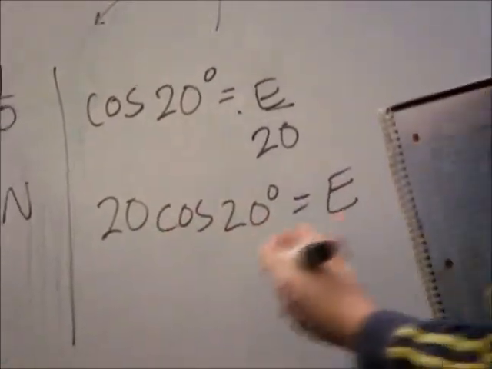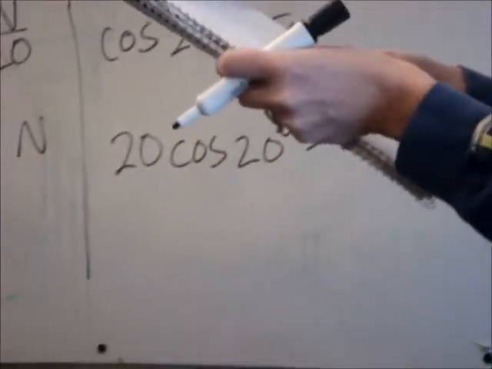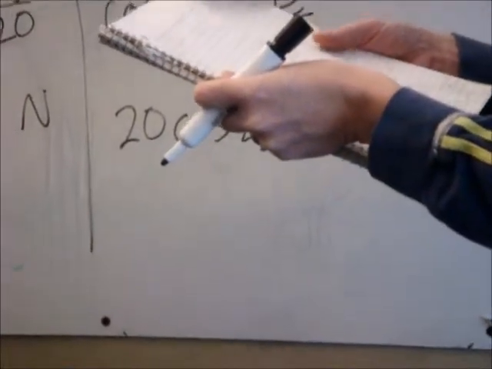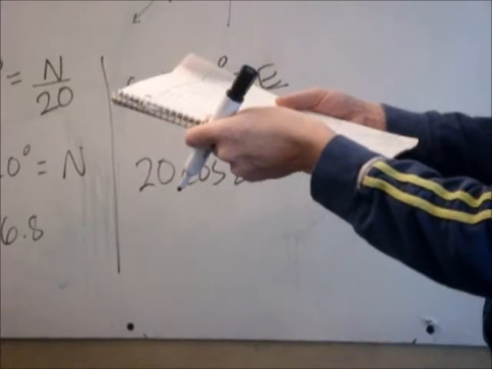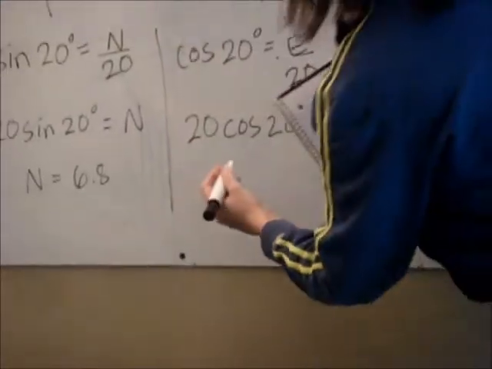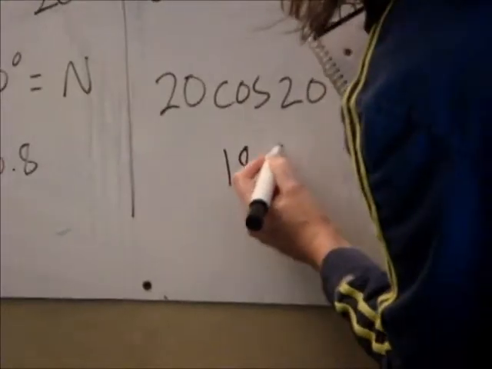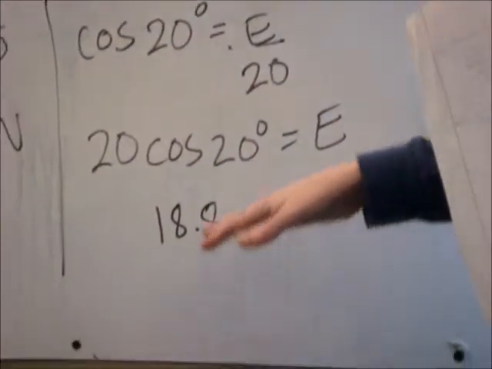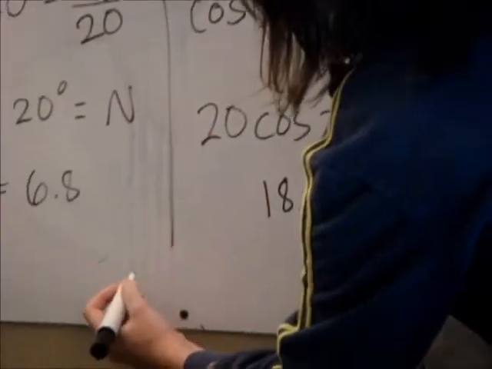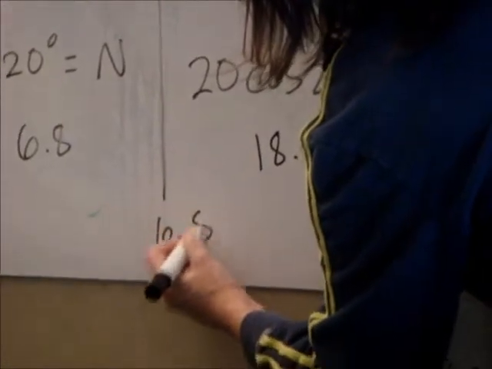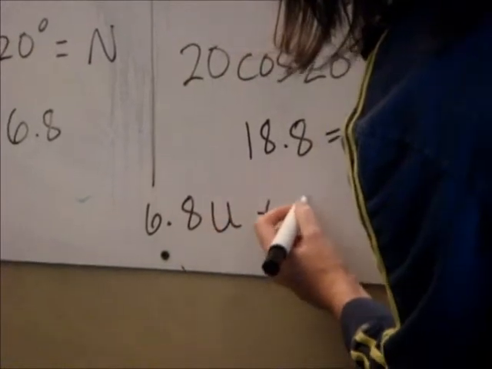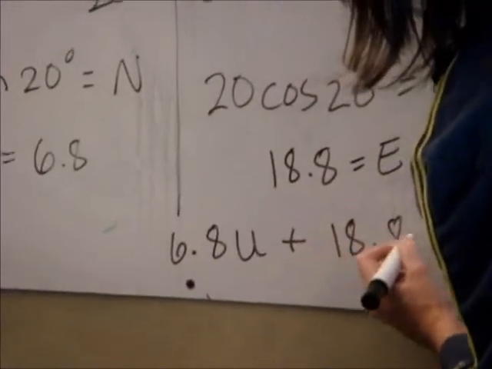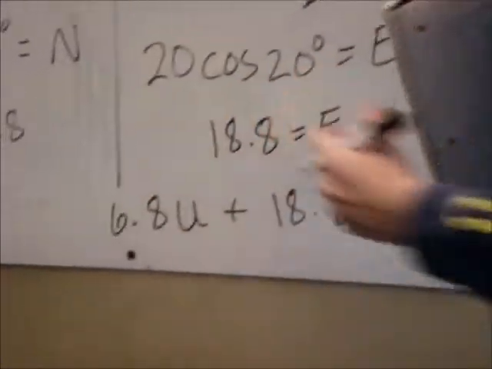We put this in our calculator, 20 times the cosine of 20, and we get our east direction is 18.8. Now in our right and up form, we're going to say 6.8 up plus 18.8 right. Or you can put it in the other order.